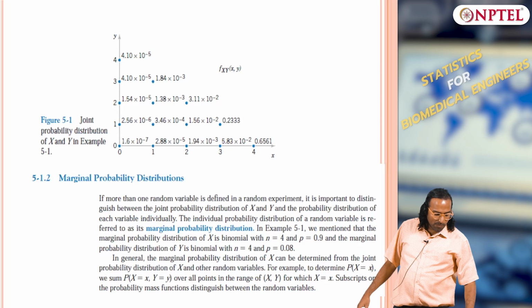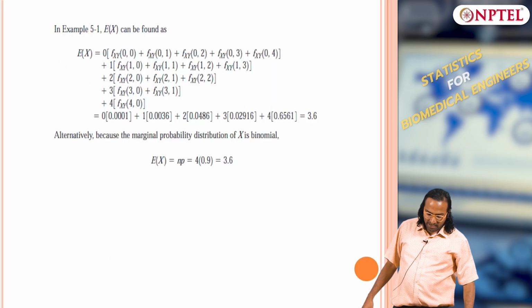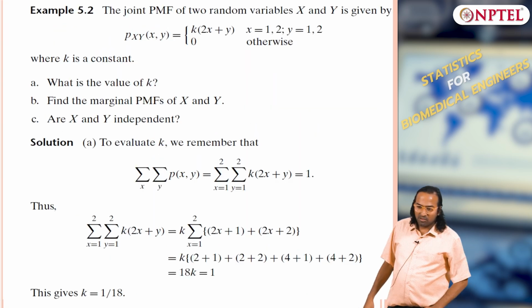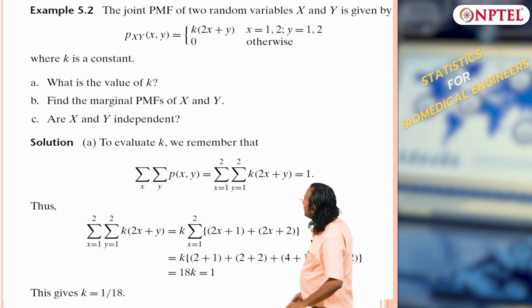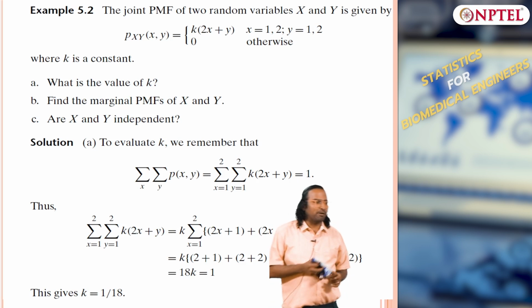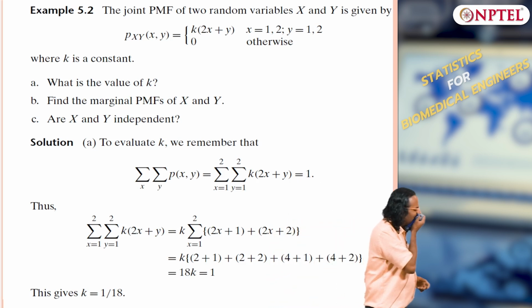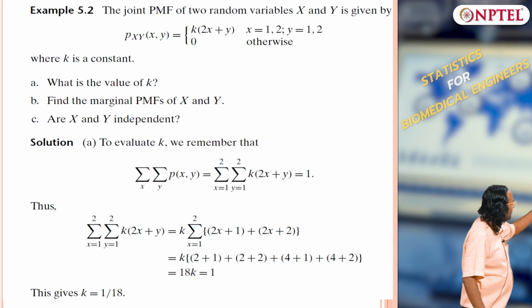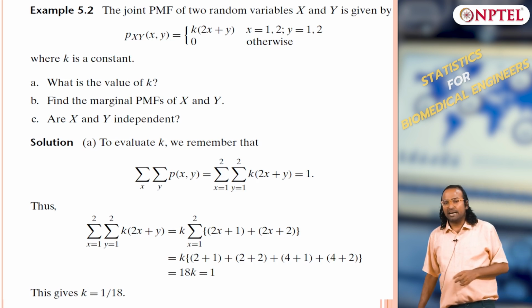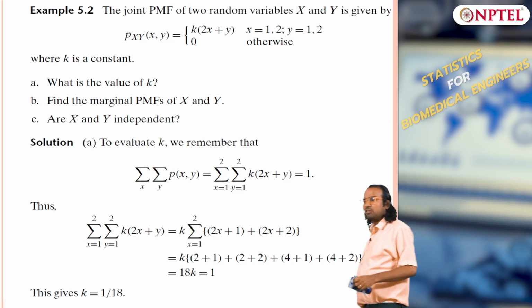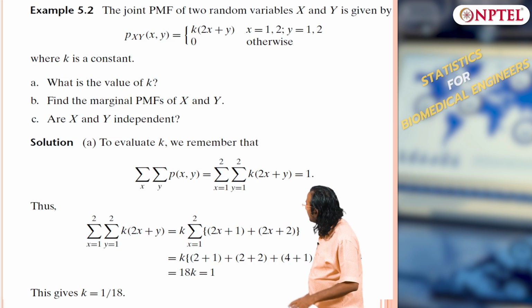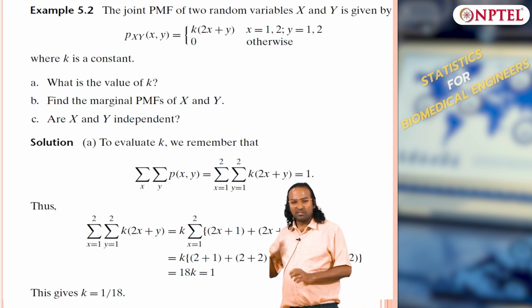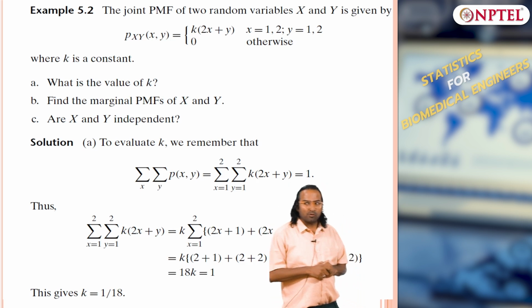So let us solve a problem and then we will get it better. This is my joint PMF for various values of x and y. Look how the function is, it is a function of both x and y. This is how the joint PDF usually looks.